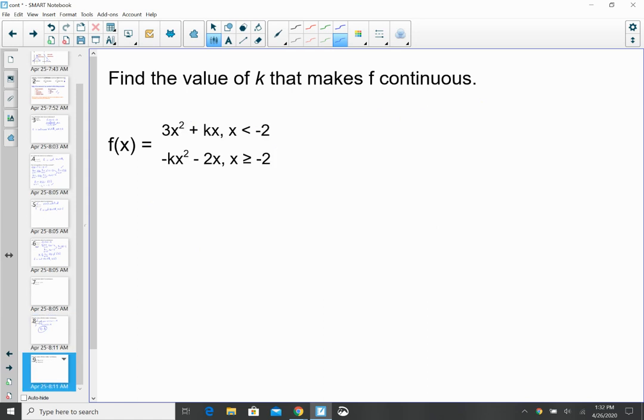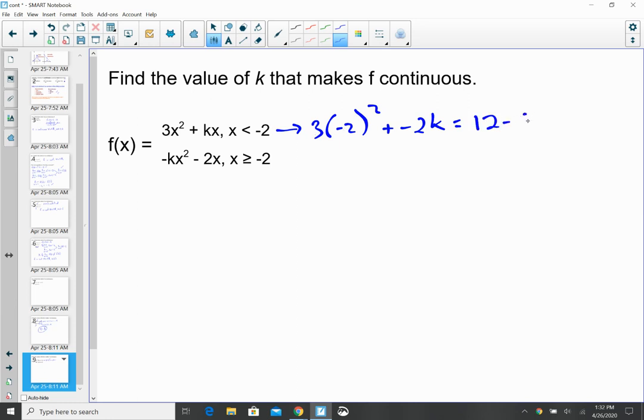Here's another one. Find the value of k that makes f continuous. So plug the negative 2 in, because that is the magic number. So we're going to have 3 times negative 2 squared plus negative 2k. All right, so what do we get here? That's going to be 4. That's 12.